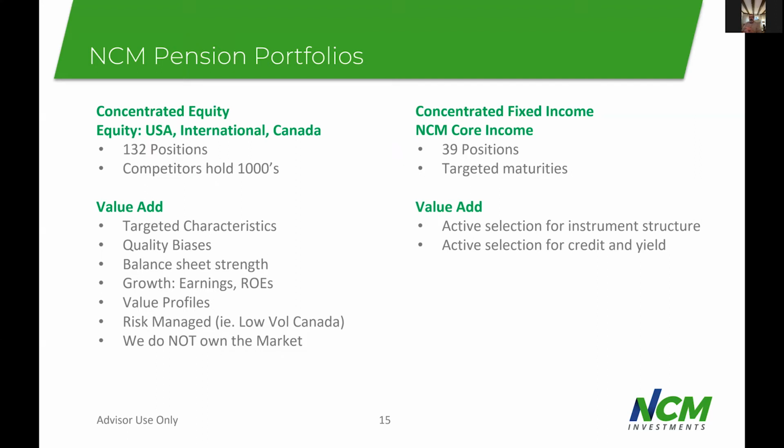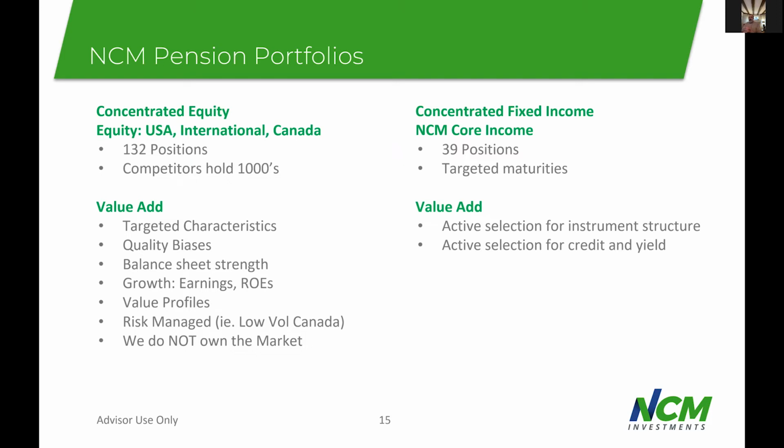And this differentiates us against some of the other funds that we see in this market space, particularly in comparison to our competitors. We hold 132 equity positions across USA, international, and Canadian markets. And if you look at some of the competition out there, which we did when we were building the pension funds in the beginning, we found that some of them held thousands of different positions.